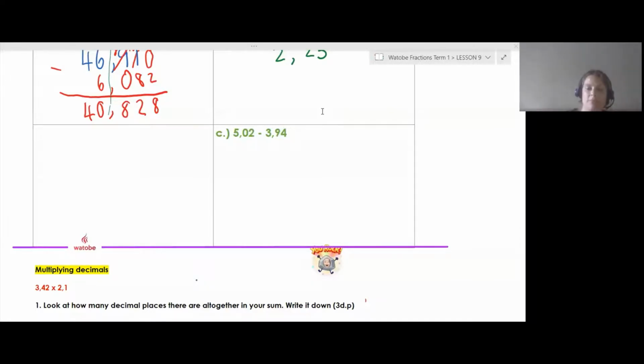Hush. I love the eagerness, but we've got someone. There'll be more sums to do later. Okay, one more minute for those people who are still busy working it out.